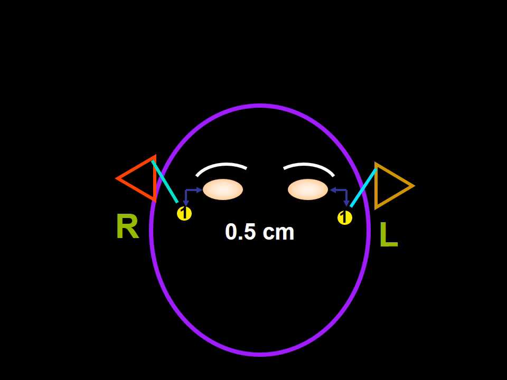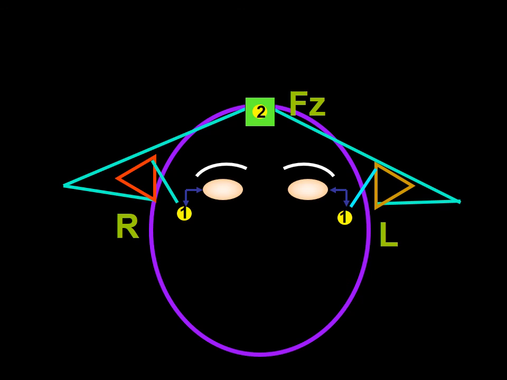The right eye electrode is also placed 0.5 centimeters lateral and below and plugged into the G1 of the amplifier on the right. Then an electrode is placed at FC and it is connected through G2 to both amplifiers.